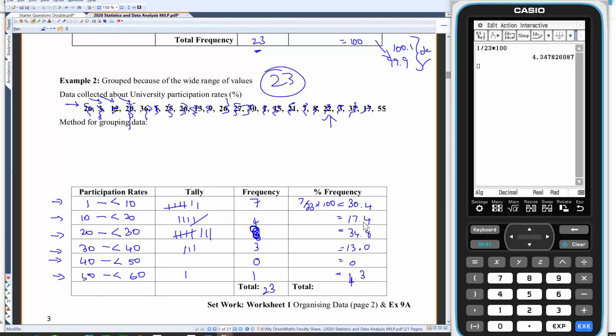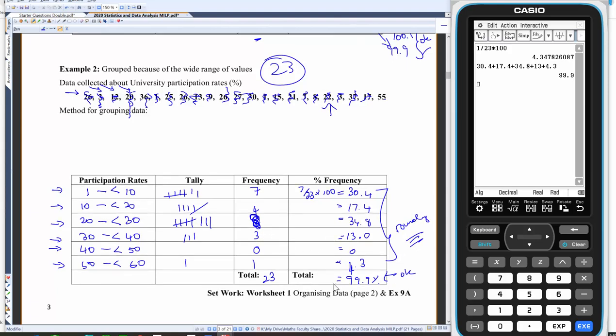When I add these together, 30.4 plus 17.4 plus 34.8 plus 13 plus 4.3, we get in this case 99.9%, but that is okay because of rounding. That's perfectly acceptable. Now what I want you to do is go on to worksheet 1, organising data, and do the second page of that, coupled with the set 9A questions from the topic outline.